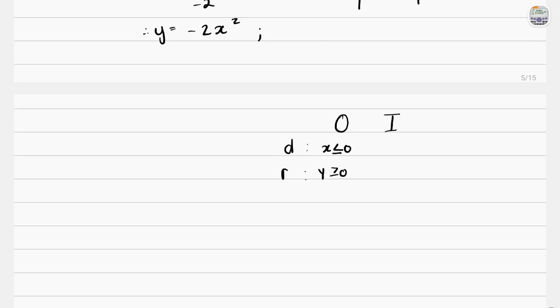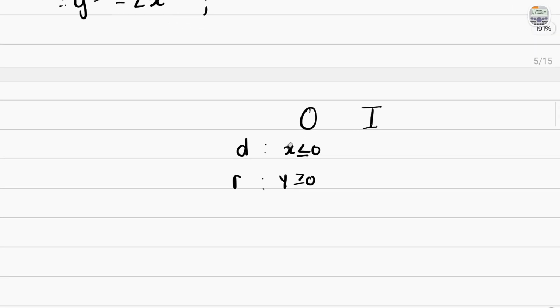The relationship between the original and the inverse graph works like this. You see, the same way x and y swap is the same way the domain and the range will also swap. So if the original's domain was x is less than or equal to 0, the inverse's range will be y is less than or equal to 0.